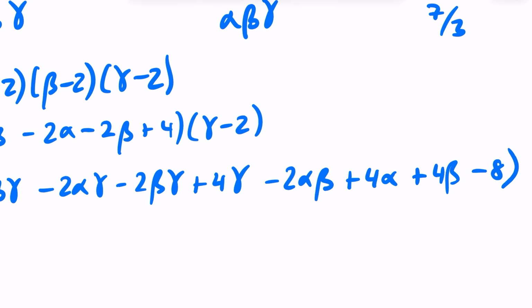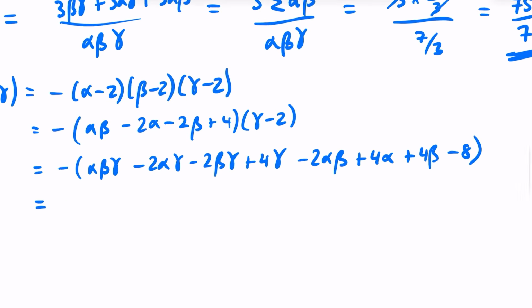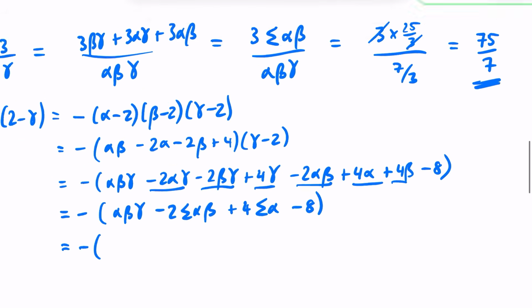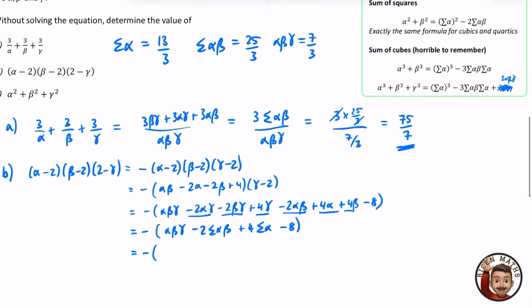Let's close that bracket off. So I wonder if we can summarize everything that's in here. We've got an alpha beta gamma, and then we have a minus 2, a minus 2, and a minus 2. That means we've got minus 2 of the pairs, and then we've got 4 of those ones. That's just 4, the sum of the roots. And at the end, we have a minus 8. So it just comes down to writing in those key facts at the top. So that was 7 over 3.